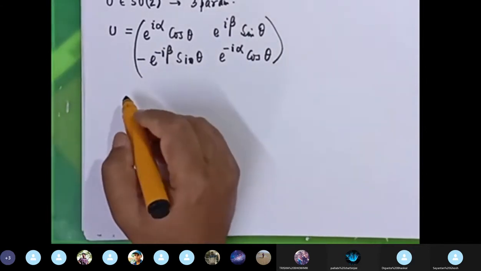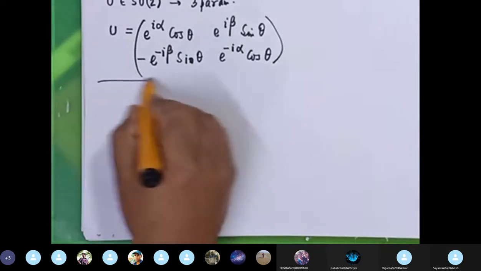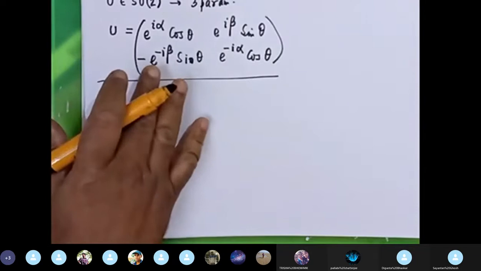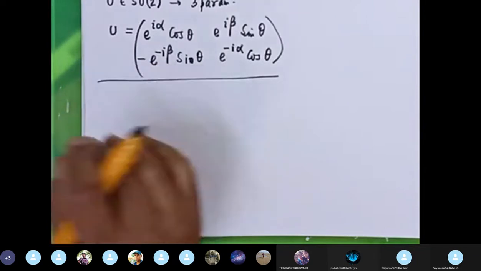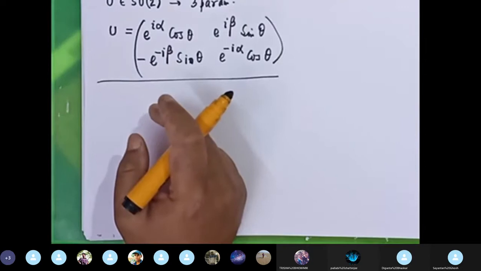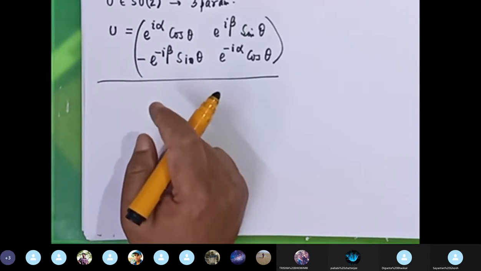Okay, you with me, you do one exercise. Suppose I am writing down another way of parameterizing this matrix. In the earlier class we did one parameterization, but that needed some long, though straightforward, algebra.